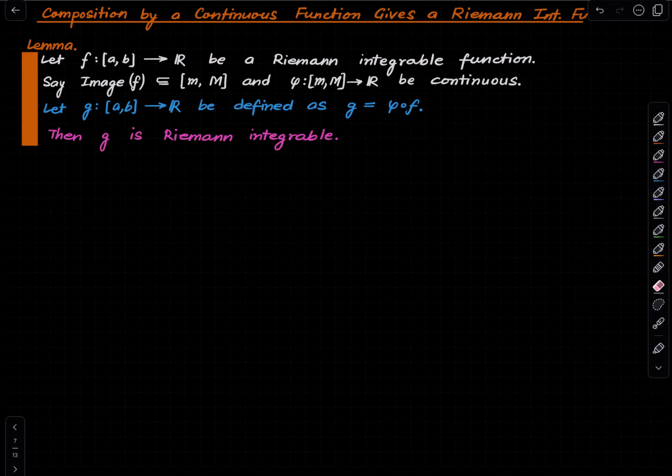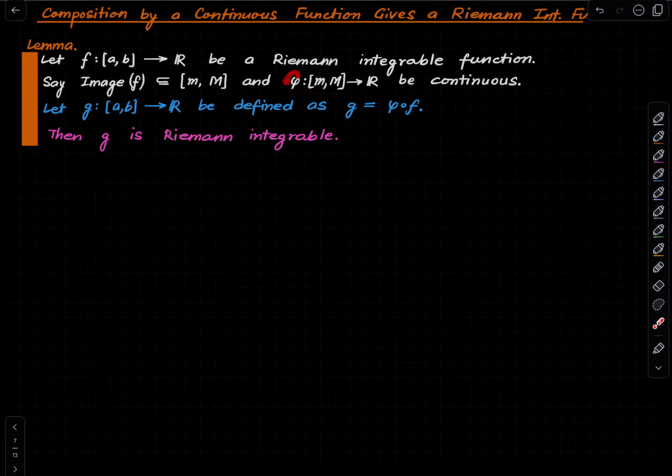Now here is a generalization of the previous proposition. So what do we have? We have a Riemann integrable function to begin with. And since it is a Riemann integrable function, it is assumed to be bounded. Suppose its image is contained in this closed interval, and we have a continuous function phi defined on that closed interval.